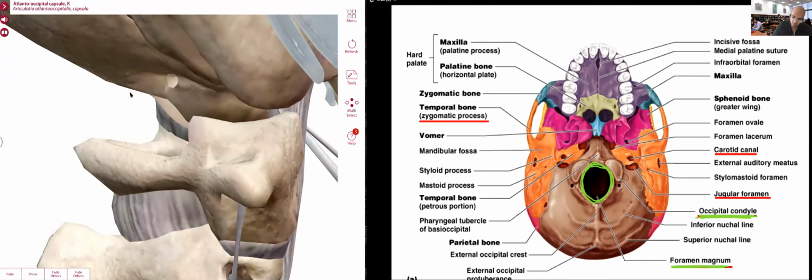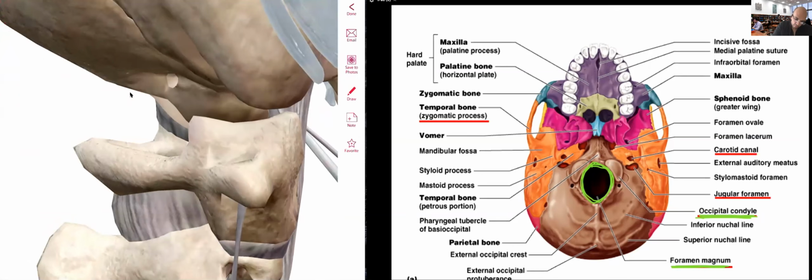see, this is my occipital condyle, like this elliptic-shaped articular surface, and it articulates with the first vertebra, C1.